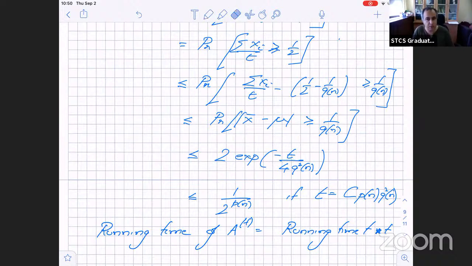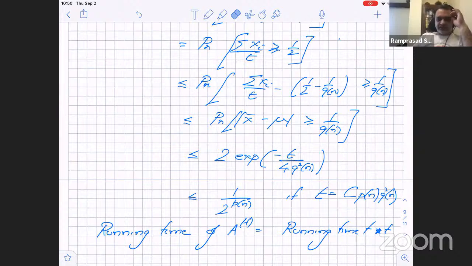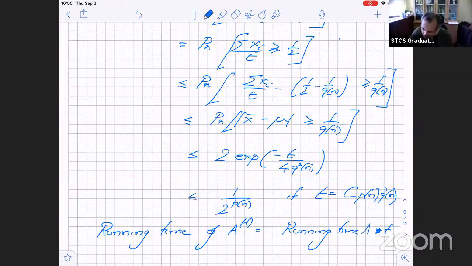So it's basically running time of A times T. So this multiplicative thing, T should be polynomial. If T is super polynomial, this will not remain a polynomial time algorithm. That's why I can get the error only to inverse exponential. I cannot make it inverse doubly exponential or something.